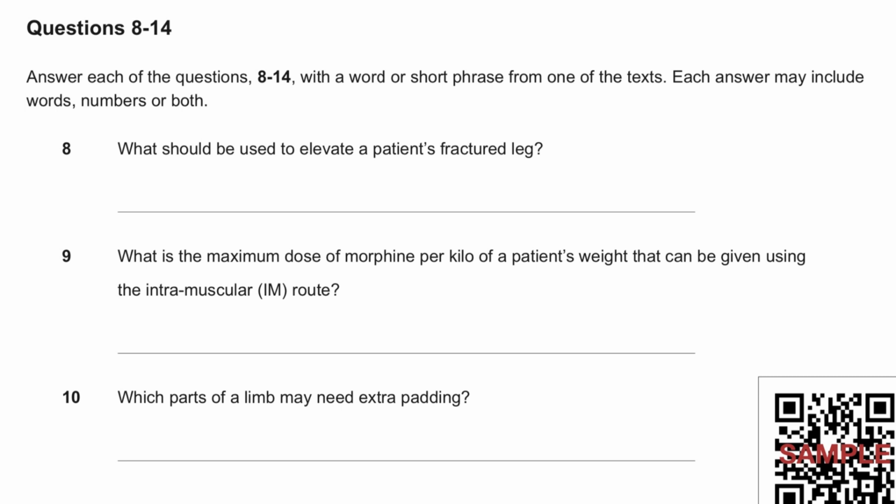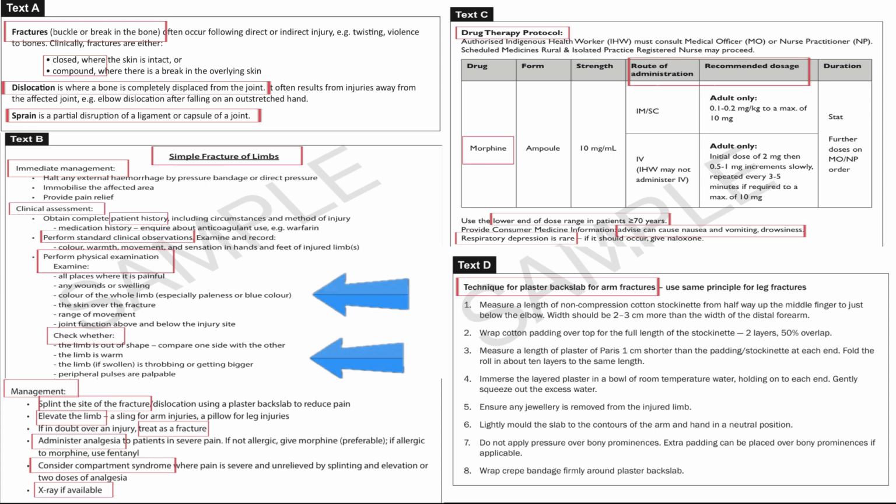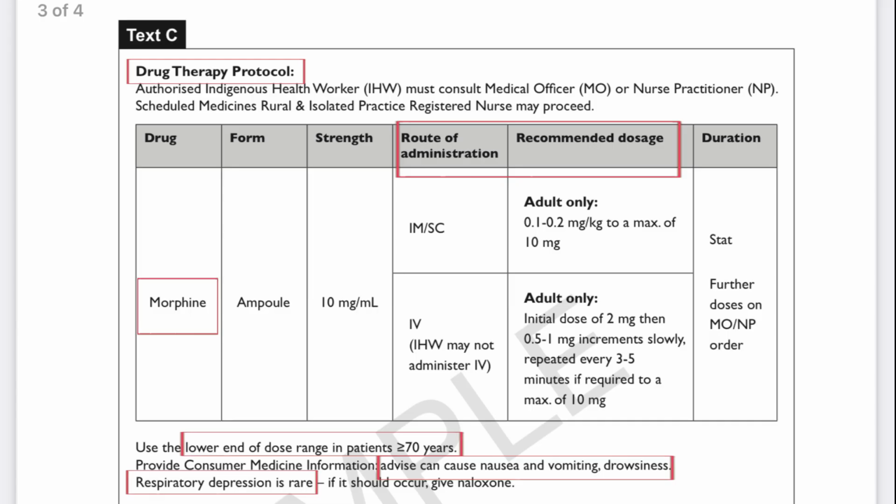Number 9. What is the maximum dose of morphine per kilo of a patient's weight that can be given using the intramuscular route? So the keyword is morphine. So by knowing the subject of each extract, we know that we can find the answer in text C, drug therapy protocol.